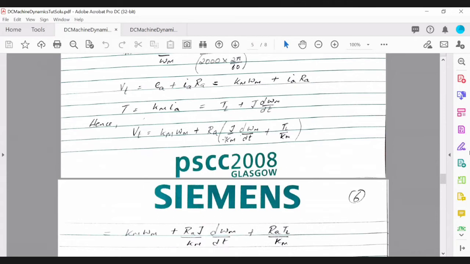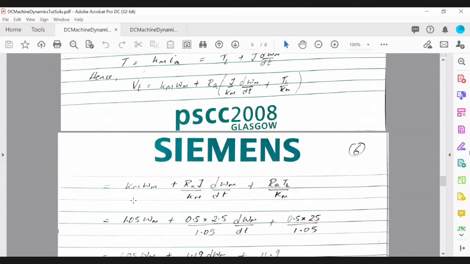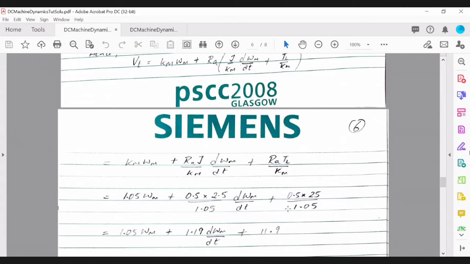And then I've substituted the equation for the, you will see there, Km omega m is here, this term, and Ra is here, and I've substituted Ia, which basically now I've sent Km onto this side. So that's the term that you have here in between the brackets there. Right, so when you expand here, you end up with this, so three terms for the terminal voltage.